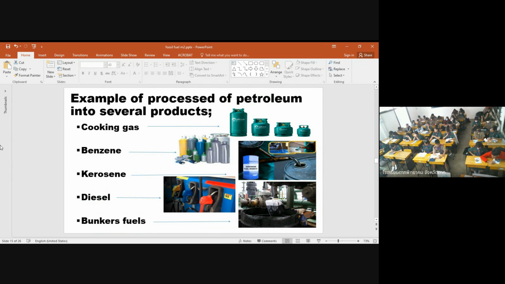And bunker fuels. Do you know what bunker fuels are? Have you seen the black oil in a can? Some of it is used for cleaning the tools, for example the tools of a motor or bike. That is your bunker fuel. It looks like a black gas that has a very bad smell, but it is used for shining or cleaning.